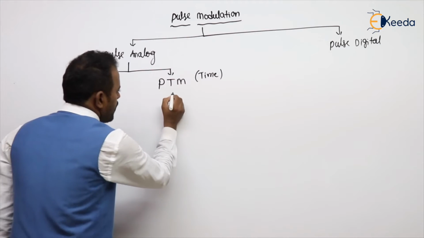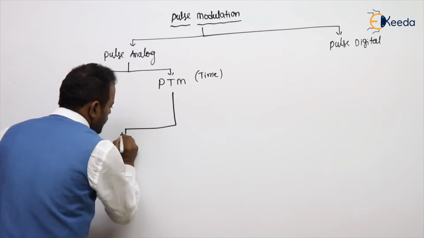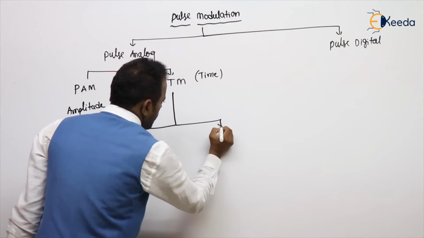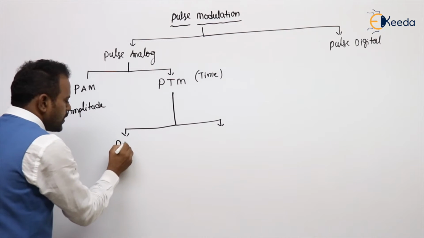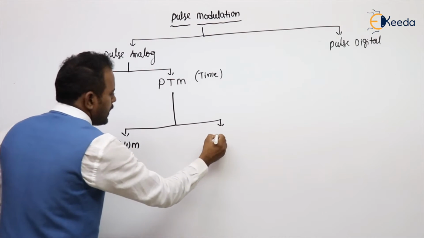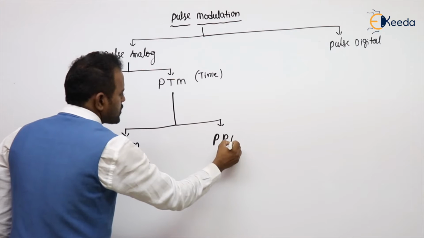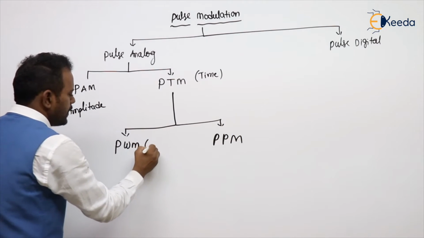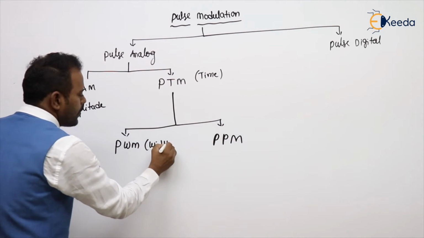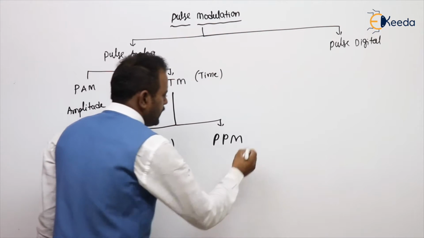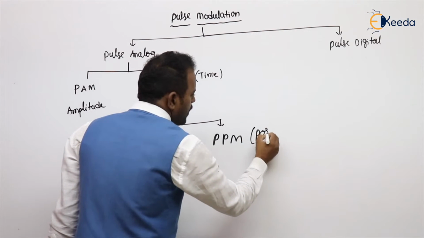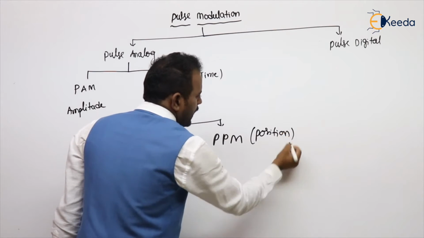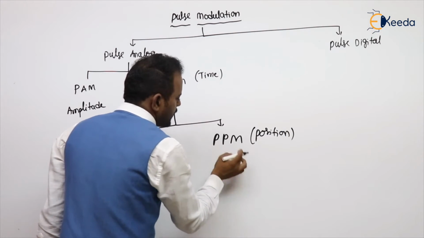This pulse time modulation is categorized into two types. One is called pulse width modulation, another one is called pulse position modulation. Here W is width, and here the middle P is position. And the remaining pulse modulation is common.